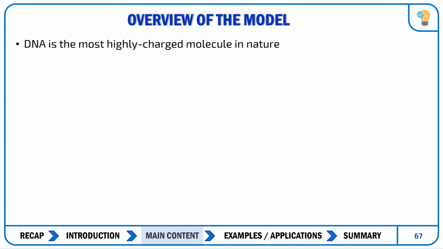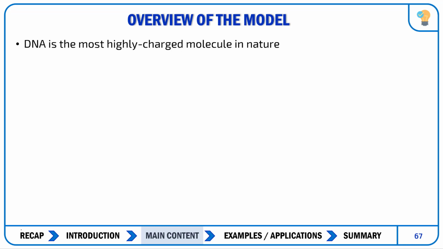For the past few lectures, we took a look at DNA through various different models, but we never really touched on DNA in terms of electrostatics. So this entire section is dedicated to modeling DNA through various different electrostatic models.